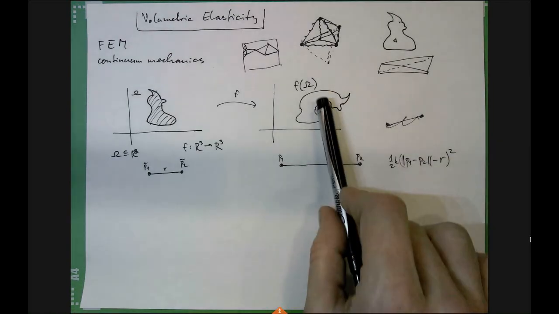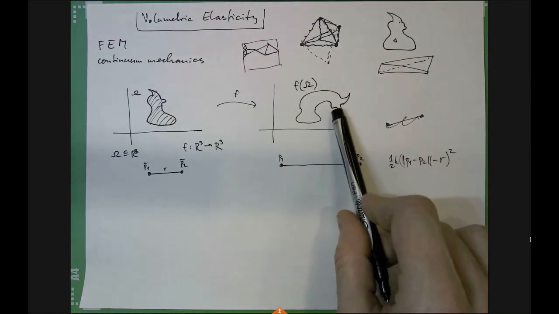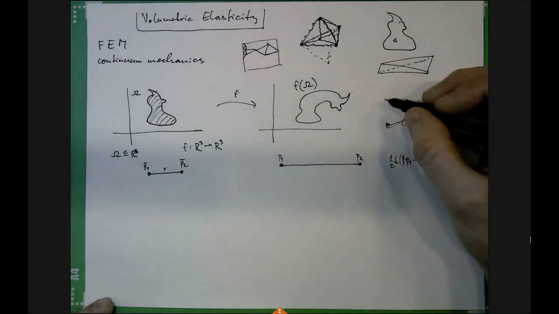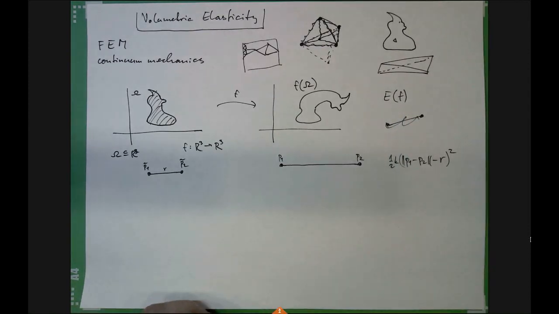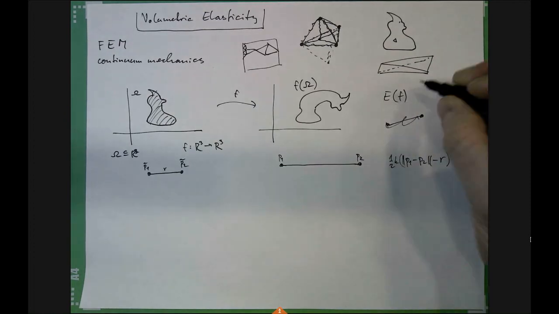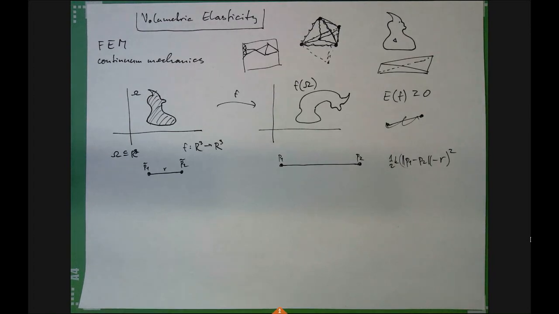What we need to now figure out is what is the energy associated with the function f. So some E of f thing, where this E of f is going to be just a non-negative scalar, right? It's energy, so it should not really be negative. That wouldn't make much sense.